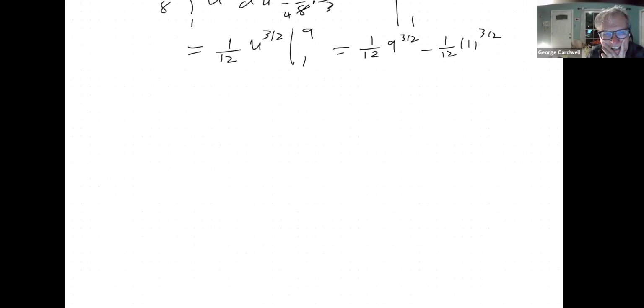Let's look at another one here. x cubed over 12 plus 1 over x.